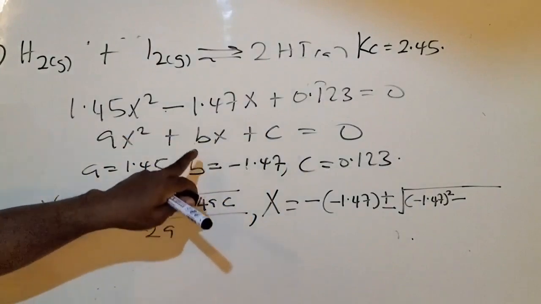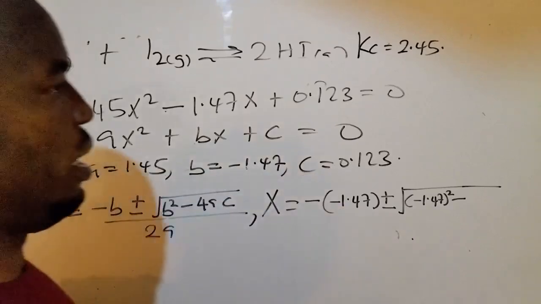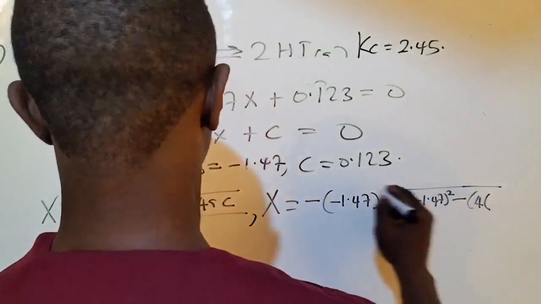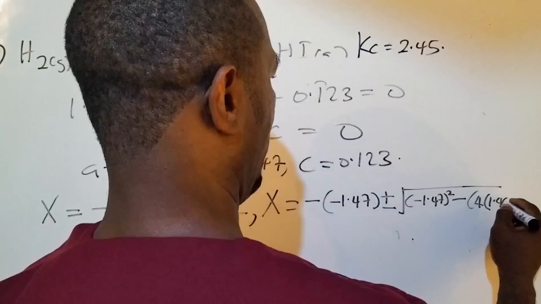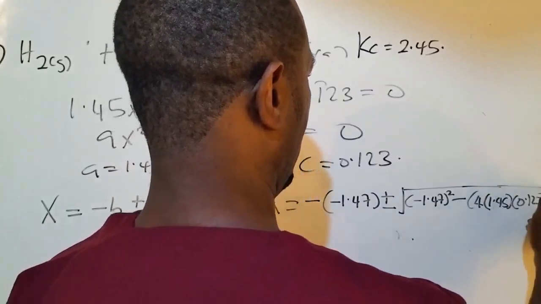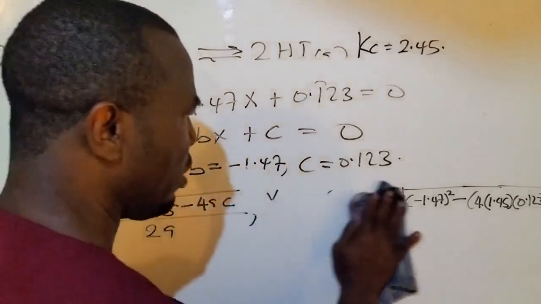Our a is 1.45, our c is 0.123. So let me bring it down to make it clearer.